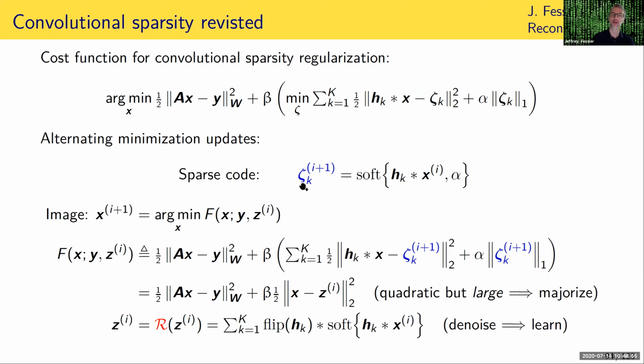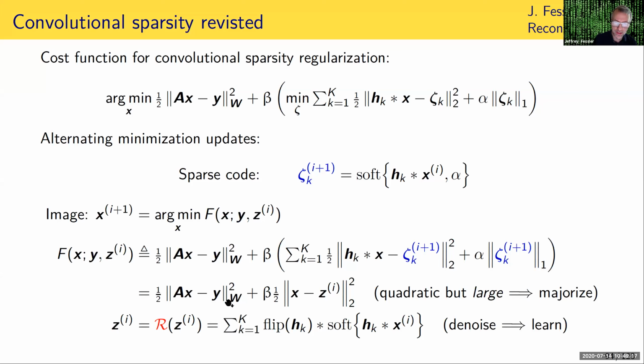The iterative algorithm for that involved alternating between soft thresholding and then a quadratic cost function. And if you solve analytically for the sparse coefficients and plug back in and simplify, you get what I mentioned earlier, that there's a filtering, soft thresholding, and a conjugate filtering, or adjoint filtering step there.